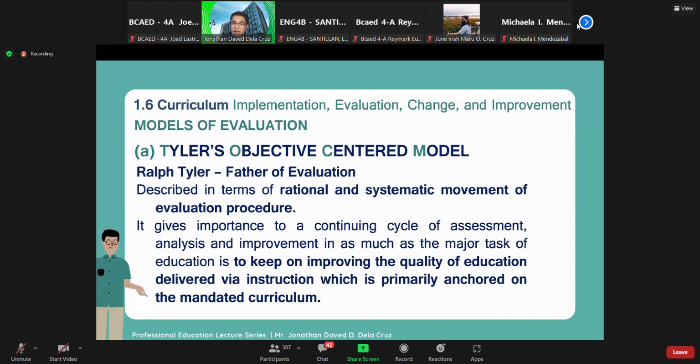It gives importance to the continuing cycle of assessment, analysis, and improvement in as much as a major task of education is to keep improving the quality of education delivered via instruction which is primarily anchored on the mandated curriculum. So, bakit nga ba tayo nag-evaluate? We evaluate not to destroy curriculum. In fact, we evaluate to determine what points to improve in the curriculum.